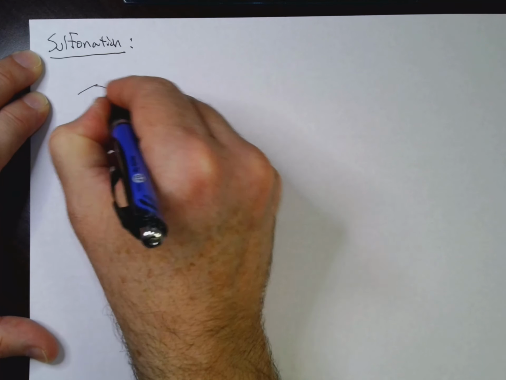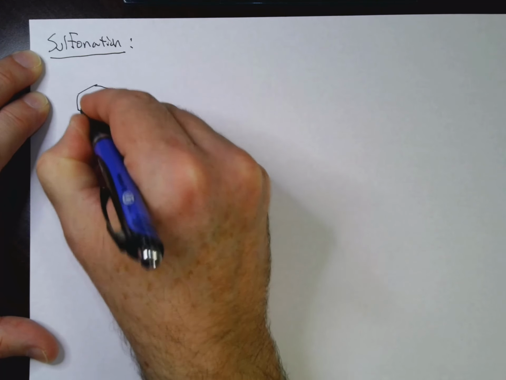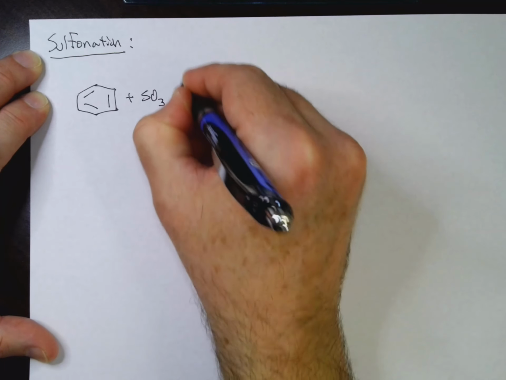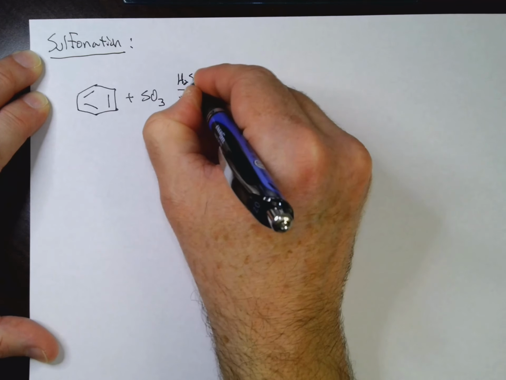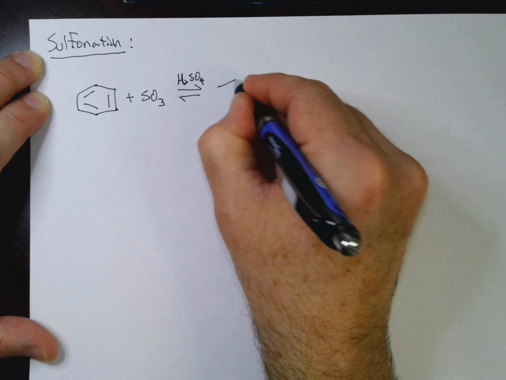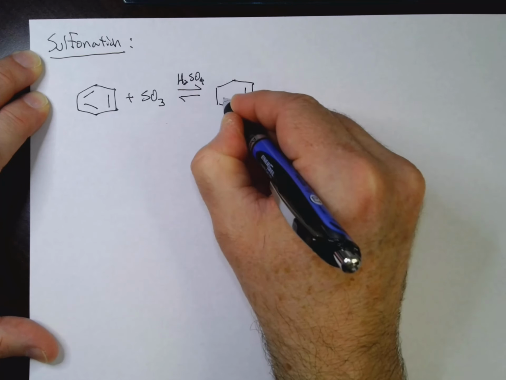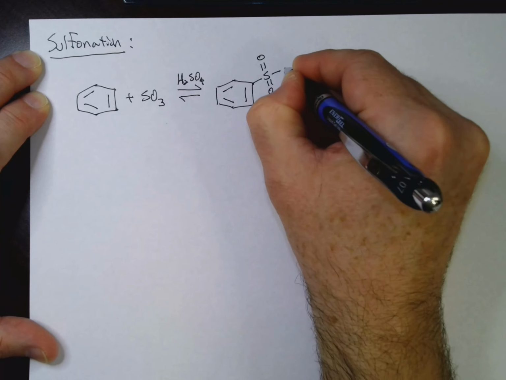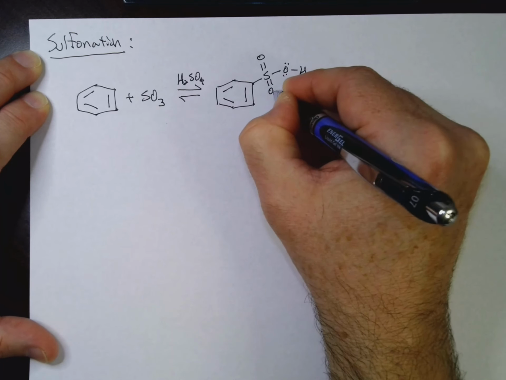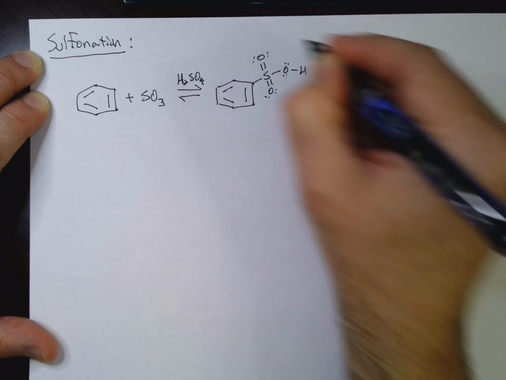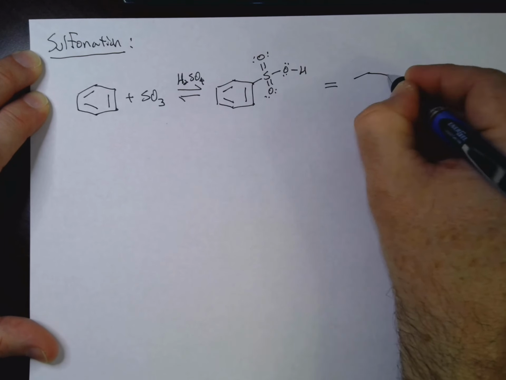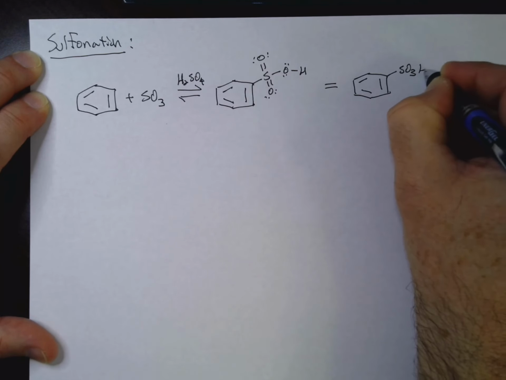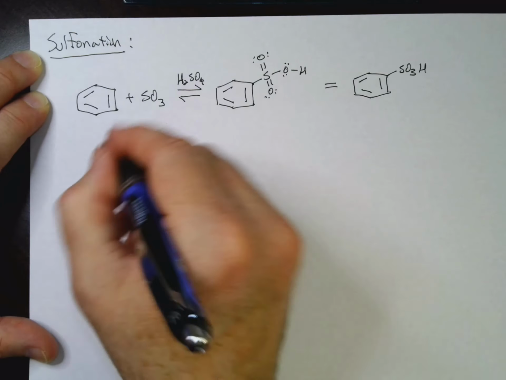For sulfonation, we'll use SO3, and then we'll do this in H2SO4, and we will get S double bond O, double bond O, OH. We'll get a sulfonic acid here. So that equals SO3H. Now notice that this is reversible.